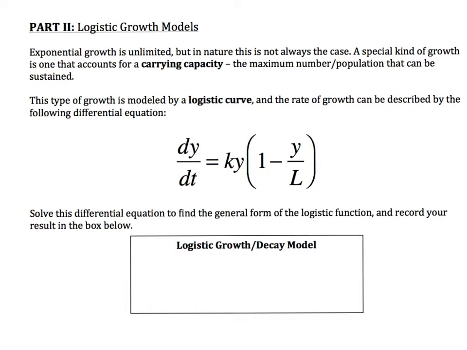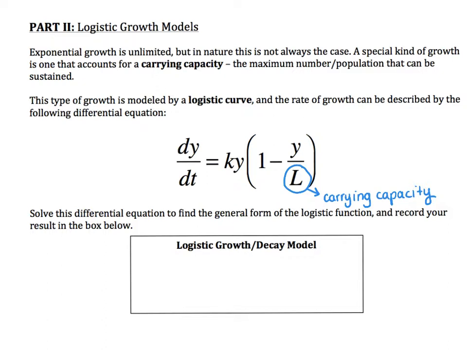L. L here is the carrying capacity, so whatever that number is, that is what goes in for L. I want us to think about a few different situations, so we need to remember what everything means. k is a constant of proportionality, L is the carrying capacity, t is time, but what is y? y is the current quantity, current amount, current population.